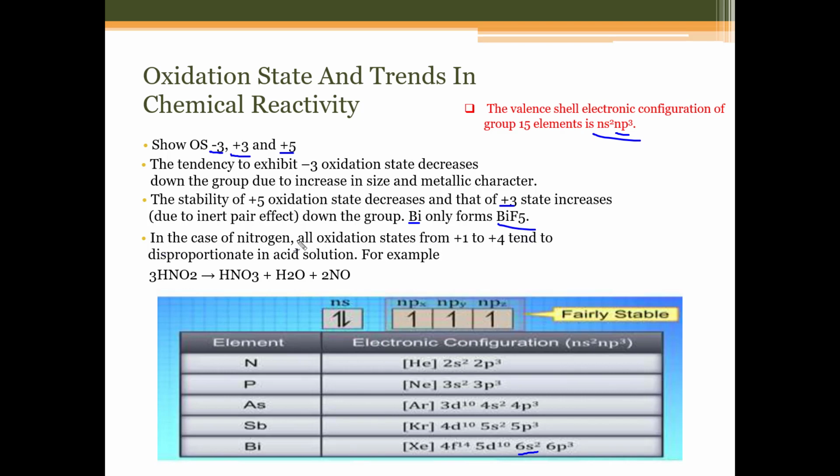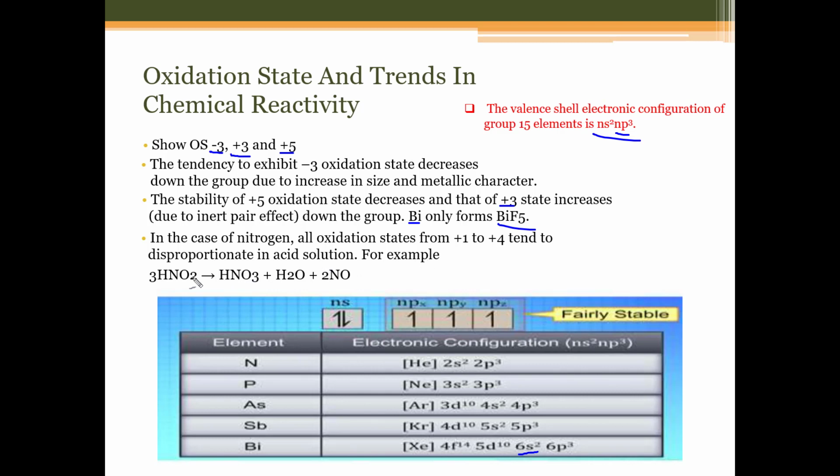In the case of nitrogen, all oxidation states from +1 to +4 tend to disproportionate in acid solution. Here, disproportionate means it is a type of redox reaction in which both reduction and oxidation take place simultaneously.